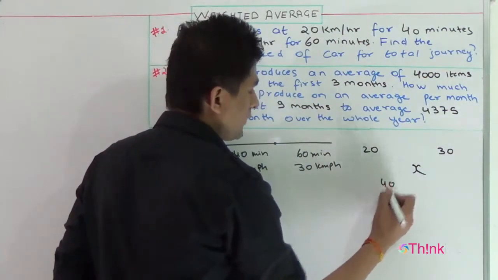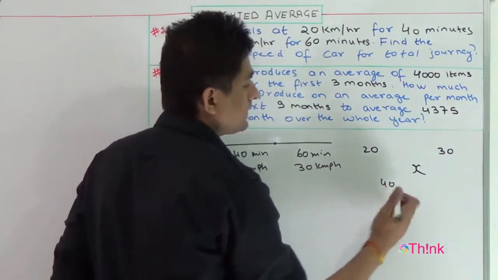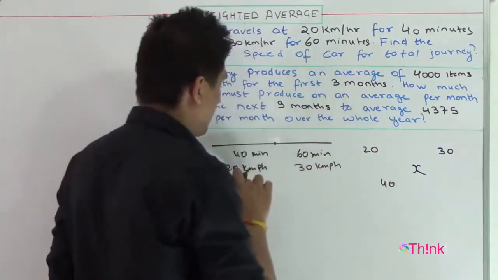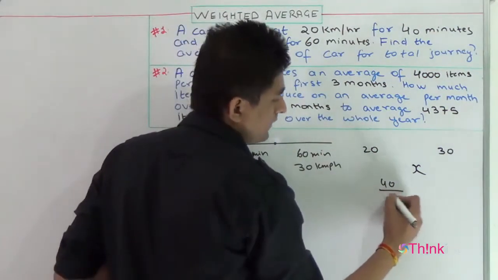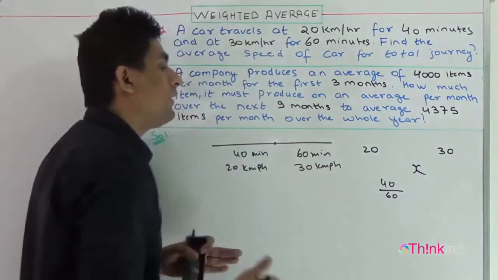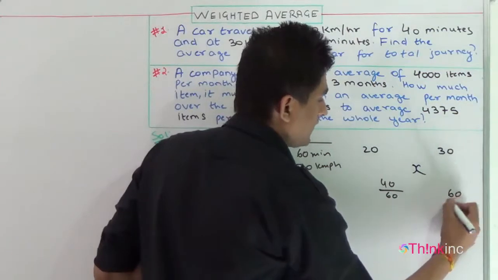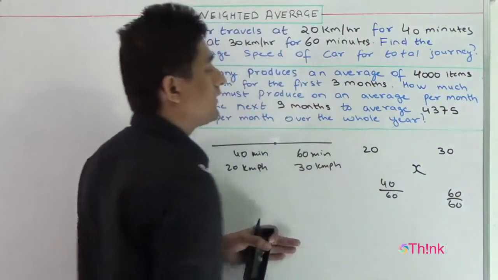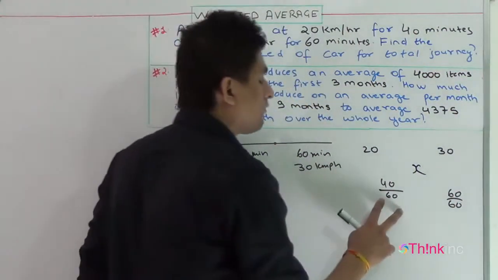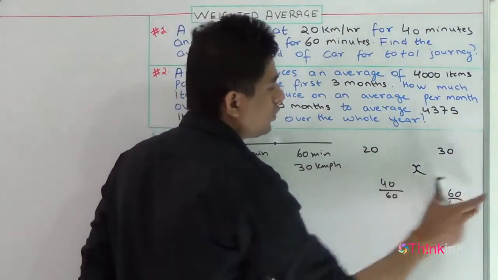And here I'm writing 40 minutes. But my value is in km per hour, so you'll ask to convert it to hour, so I'm converting into hour. And 60 minutes I'll convert to hour, but there is no need to convert it to hour because it is a ratio value.